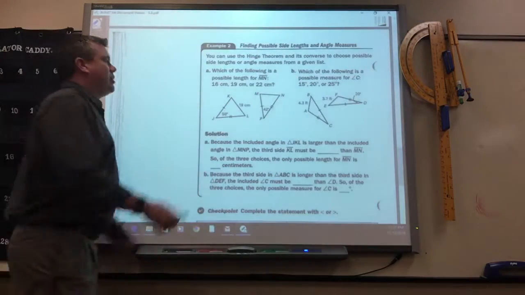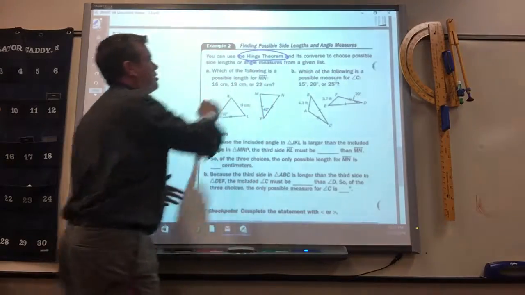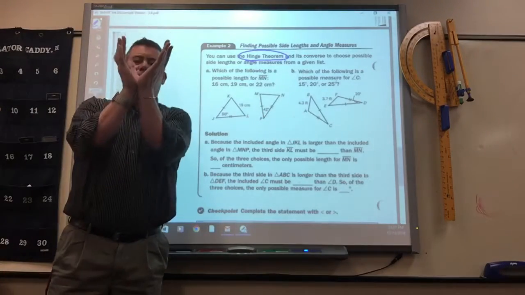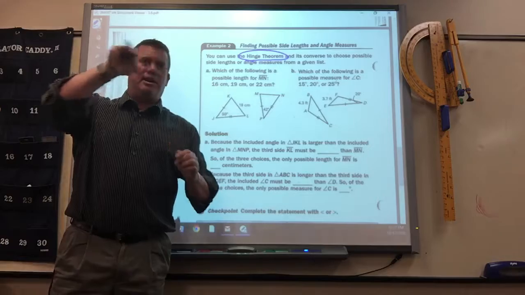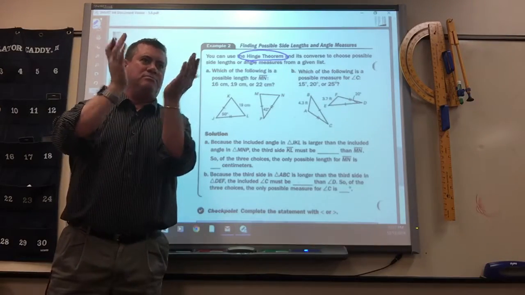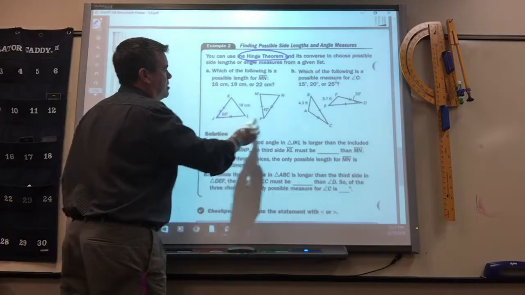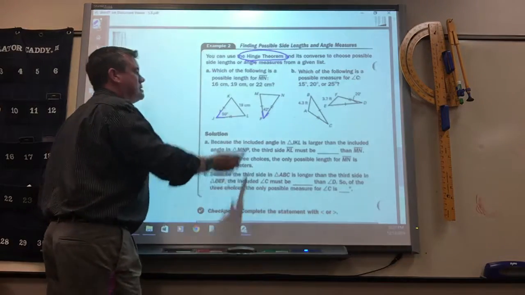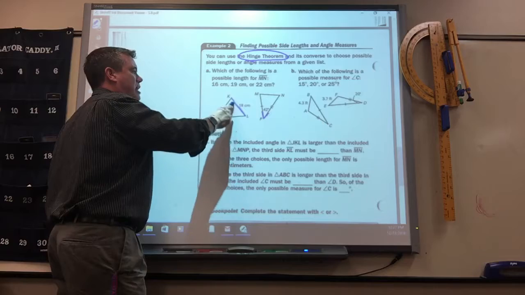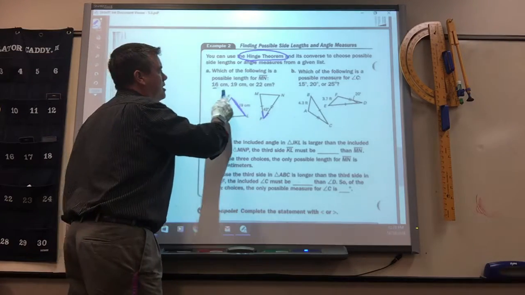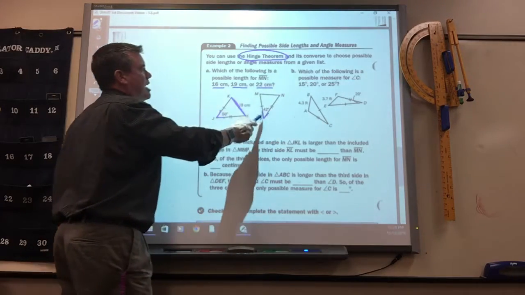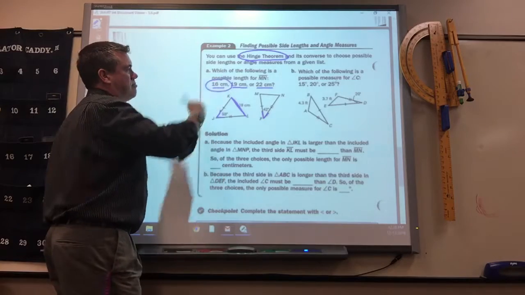So the hinge theorem, I guess I didn't call it what it is. The hinge theorem is the bigger the angle, the longer the opposite side is because it hinges open. Okay. So if this is 50 and this is 42, obviously this side has to be longer, right? Yeah. So of these 3, what could be a side? 16.